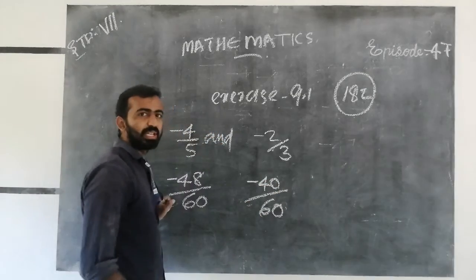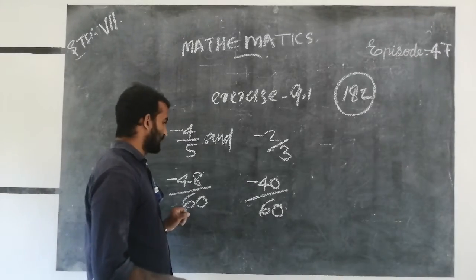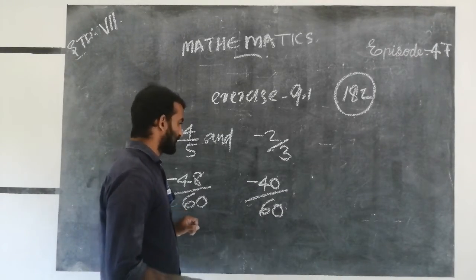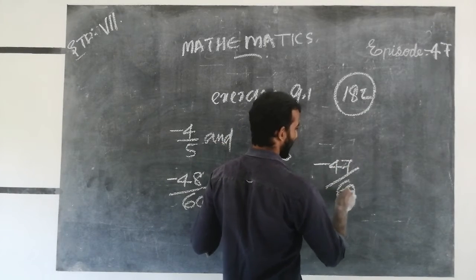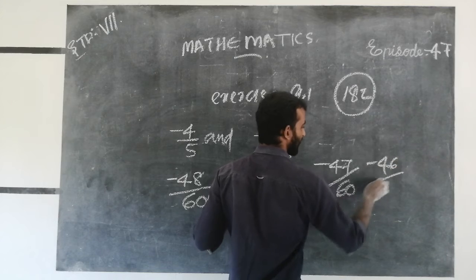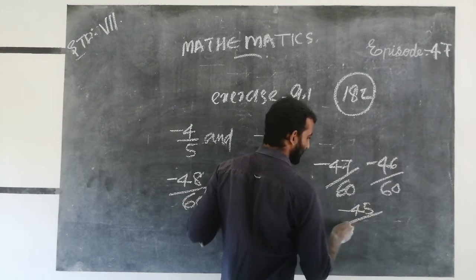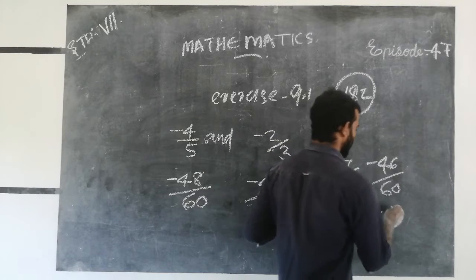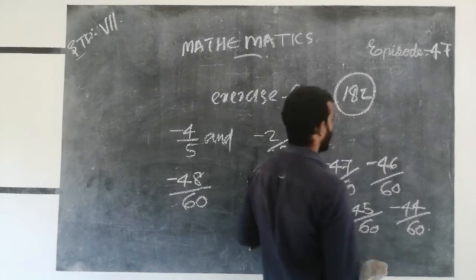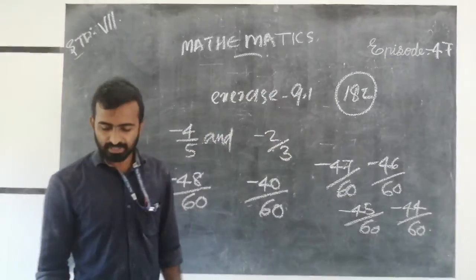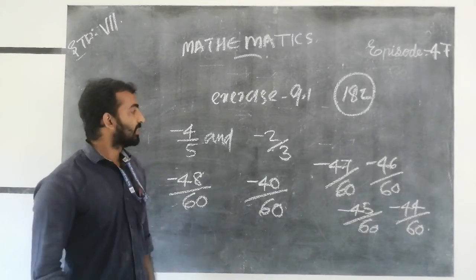Then negative 47 by 60, negative 46 by 60, negative 45 by 60 and negative 44 by 60. Following like this, we can list 5 or more numbers. There is no limitation.